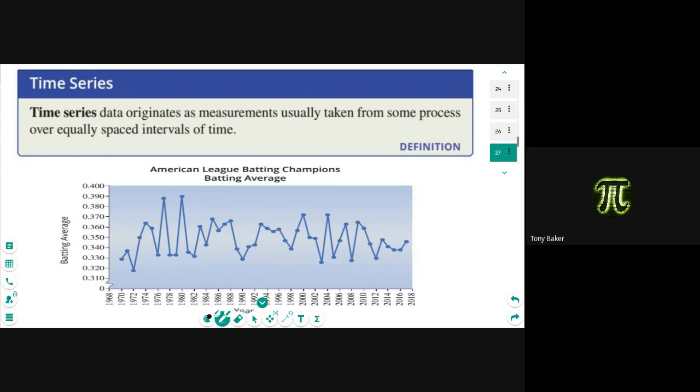So this is looking at that one specific piece of information, batting average, over a bunch of time. That's what it's looking at. I'll put some more up in a few minutes, but that's what a time series is.